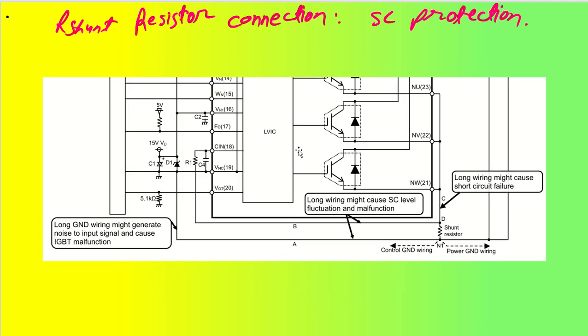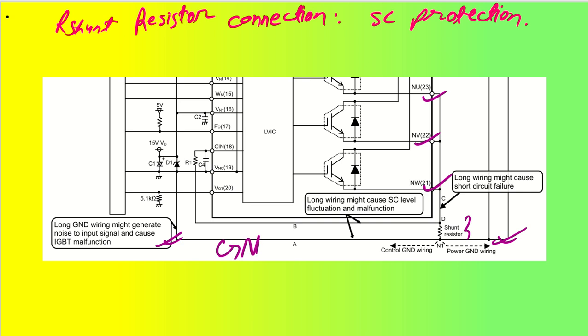So if you see in the circuit which was given in the block diagram, what is happening is we have this NU, NV, NW, and we are going to connect one shunt resistor. This is the design that we are doing, and this shunt resistor will get connected to our ground, which is VNC. So VNC is nothing but the control side ground, and this is the power side ground.